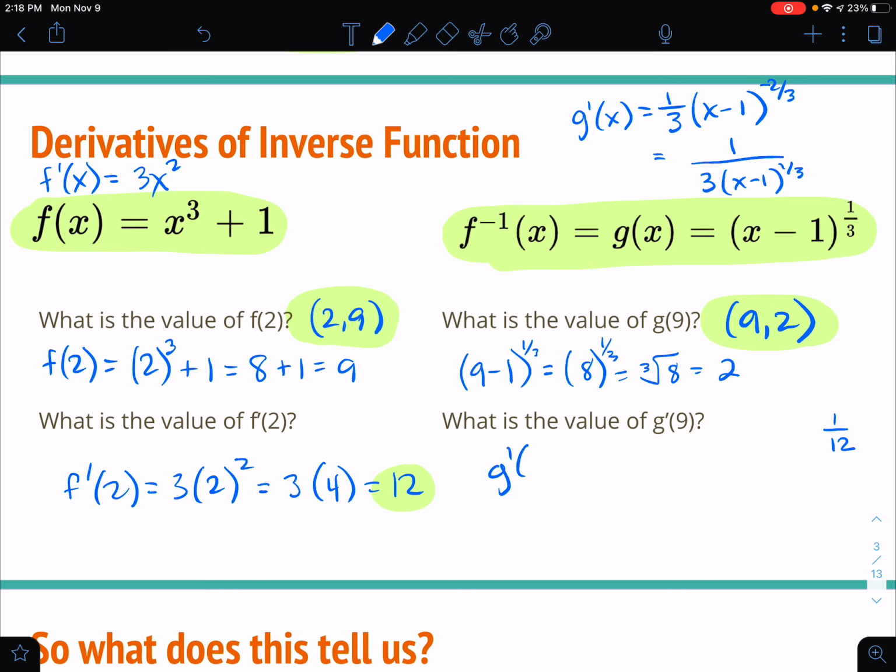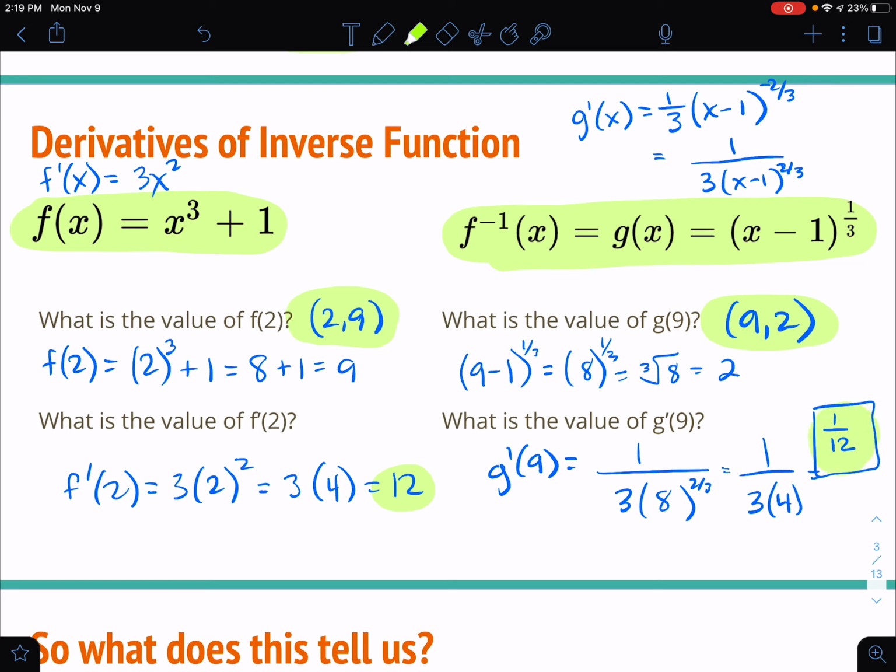So g prime of 9 is going to be 1 over 3 times 9 minus 1, so that's going to be 8, to the 2/3. The cube root of 8 is 2, and 2 to the 2nd power is going to be 4. So that's going to equal 1/12, which came out to work.